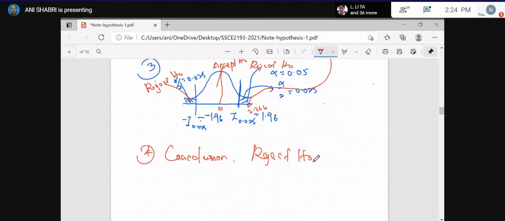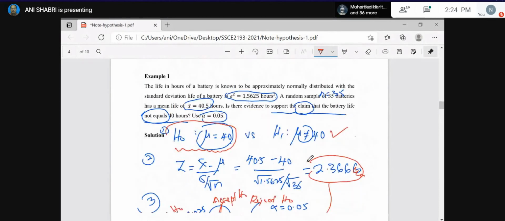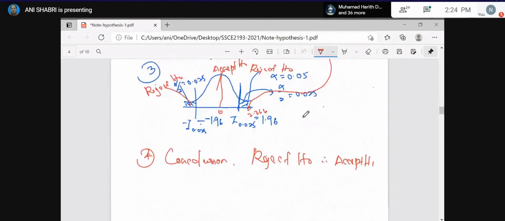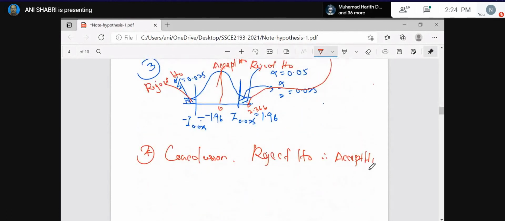H1 is mu not equal to 40. Accept H1, mu not equal to 40. Okay, we get the answer from the hypothesis: mu not equal to 40.